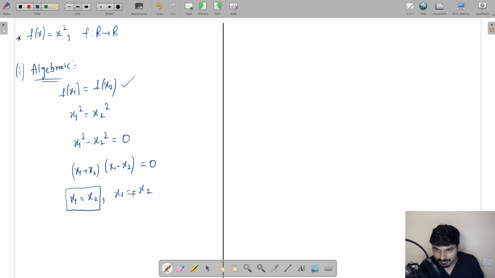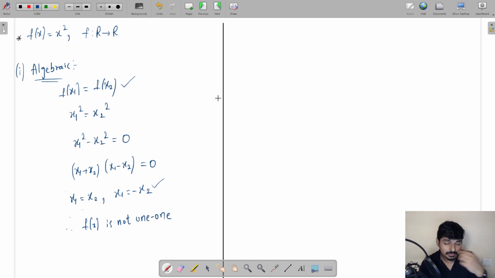But in this case, you can clearly observe that along with x1 is equal to x2, you're also getting this condition. So what does that mean? Well, this function is not going to be a 1-1 function. So you can write down that f of x is not a 1-1 function. You can prove that through the algebraic method.